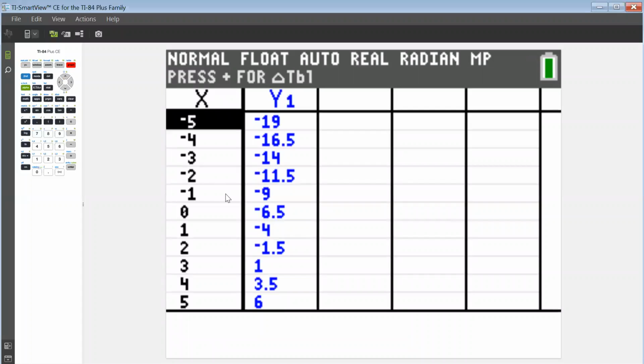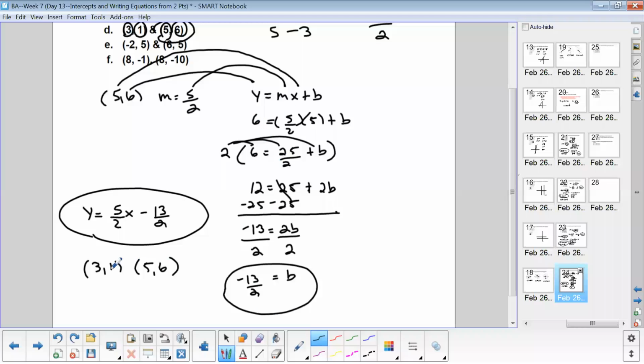And I was looking for 3, 1 and 5, 6. We were looking for 3, 1 and 5, 6, and we found them on this equation. That just means that the equation that we wrote is correct.